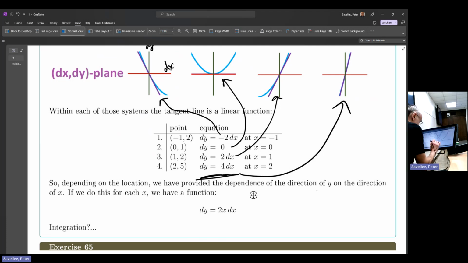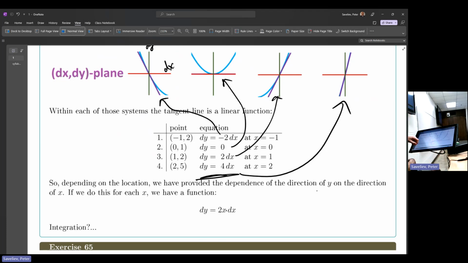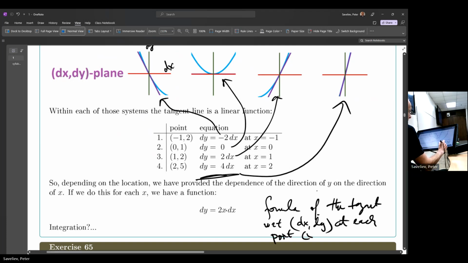But to be clear, this is nothing but multiplication. So if you want to know what the slope of that line is at every point, or rather, what is the formula? This is the formula of the tangent with respect to dx dy at each point xy.